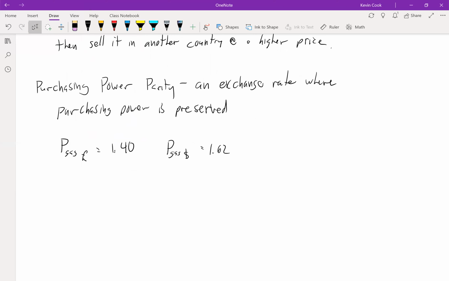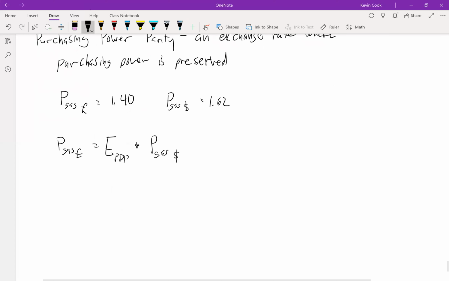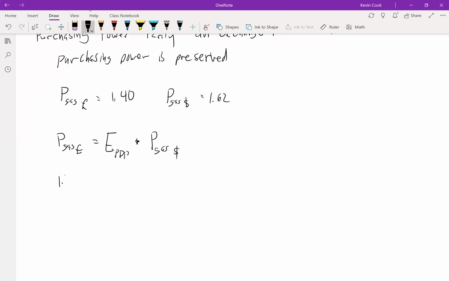If we have purchasing power parity, we'll say that the price of gas in pounds will be equal to the exchange rate for PPP times the price of gas in dollars. So this means that 1.40 is equal to the exchange rate in purchasing power parity times 1.62.